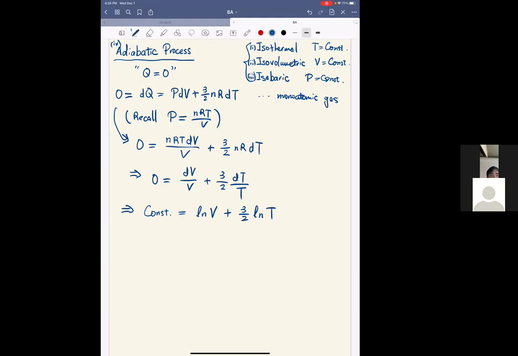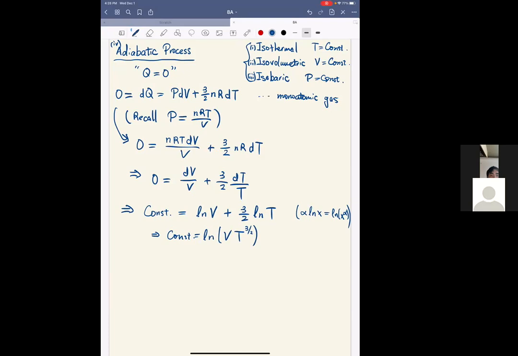And also recall that, very generically, alpha times ln x equals ln of x to the alpha. So this is a math formula we reviewed last time. So this means this constant is equal to ln of VT to the 3/2.